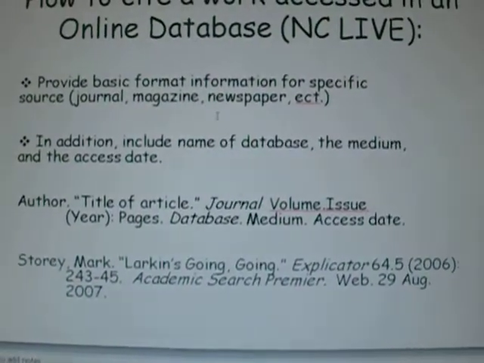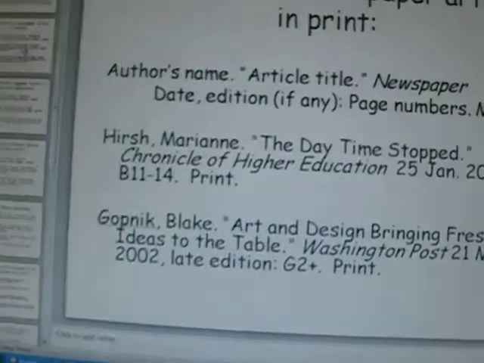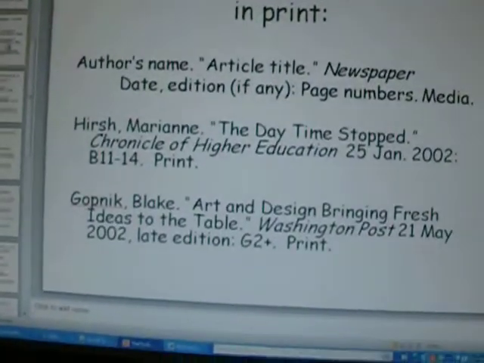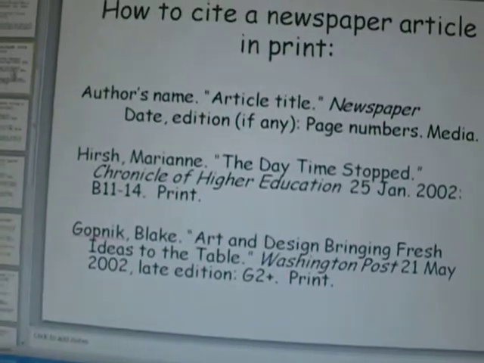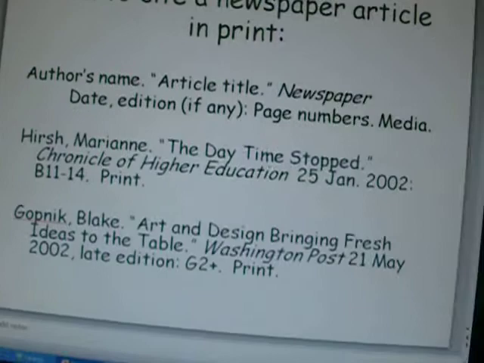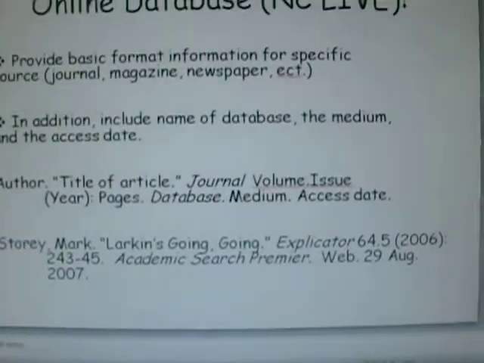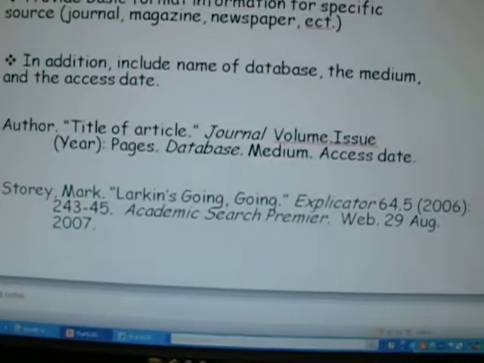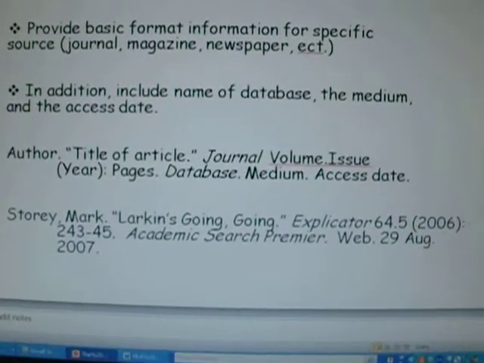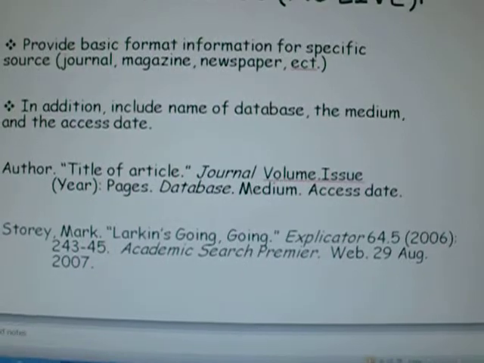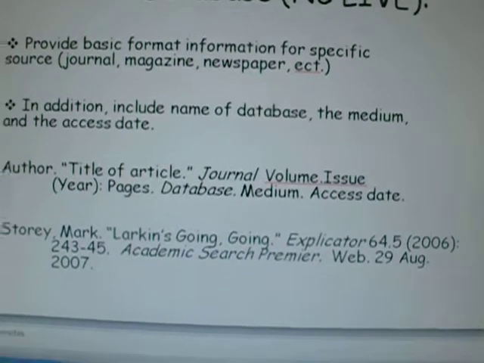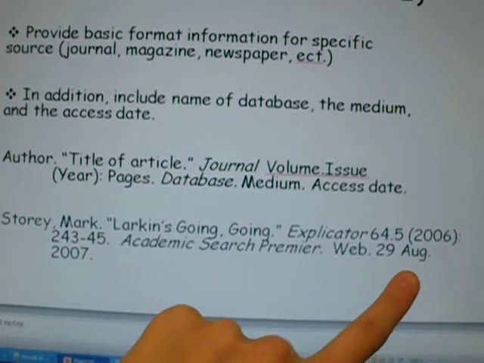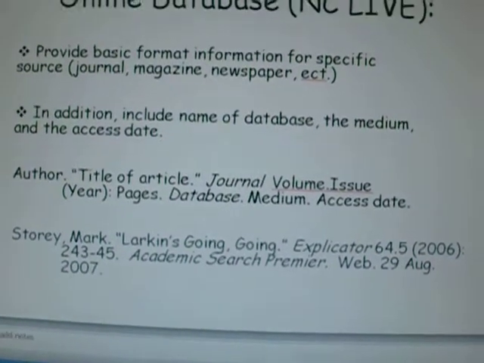If it's a newspaper, you cite it as a newspaper. So here's your newspaper formula. You take off the word print because we're not in print media, we're in electronic media. You cite it as what it is, book, journal, magazine, and you take off that word print. You add the database, the word web, and your access date. It's as easy as that.